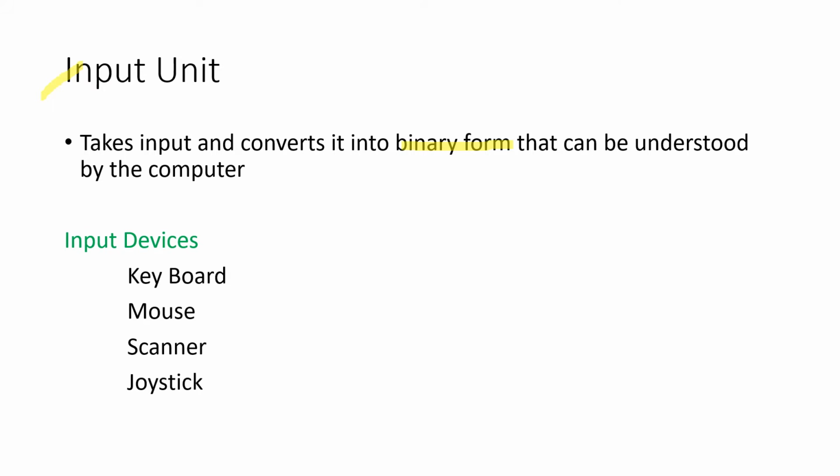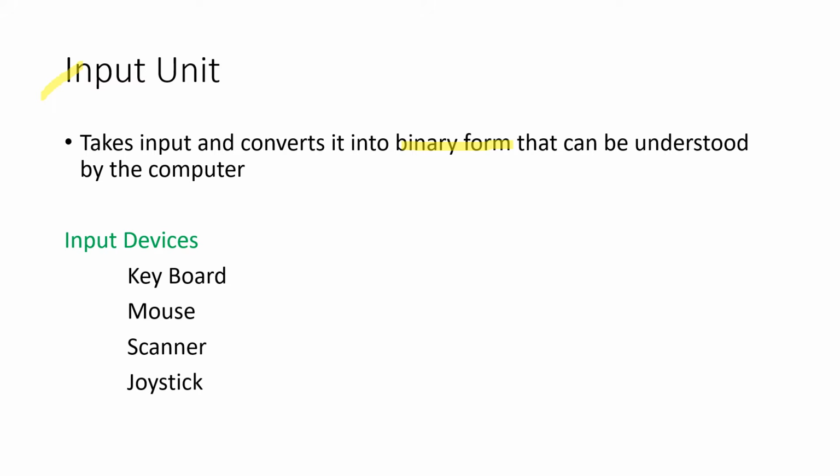A computer doesn't understand the alphabets as such. They have to be converted into zeros and ones, and this is known as the binary form. So the conversion takes place after we enter these alphabets, and then it is processed by the computer. We will look at the binary form in detail in Chapter 2.